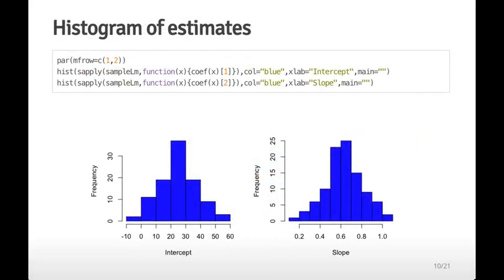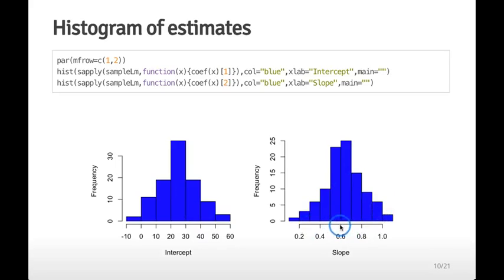One thing to do is look at a histogram of the estimates that you get from those 100 subsampled data sets. So on the left here, I see a histogram of the intercept terms, and you can see that they're centered on the intercept that was used to generate the data. And you can also see a histogram of the slope terms from the 100 models that we fit.